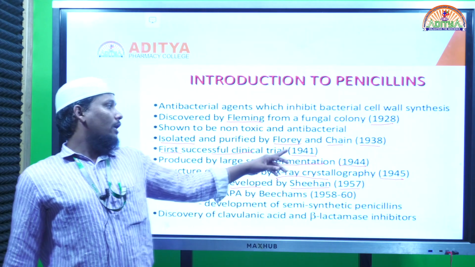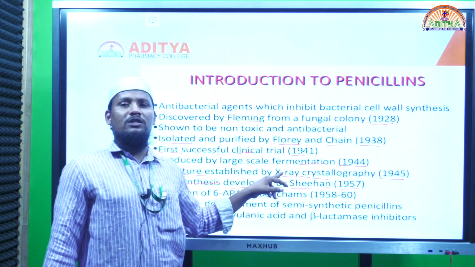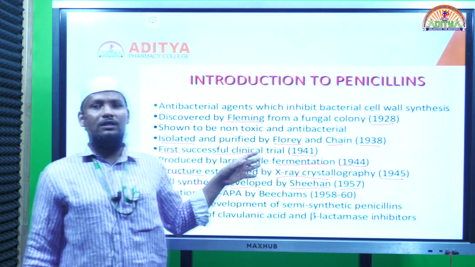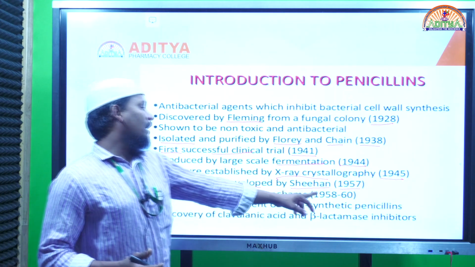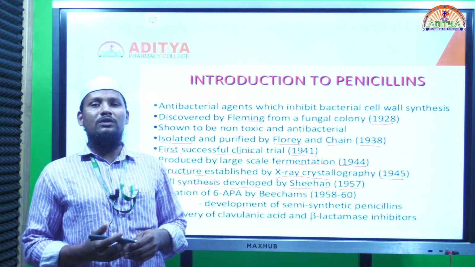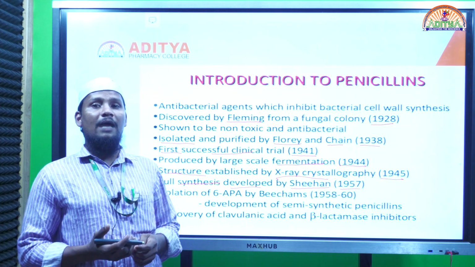In 1944, with the help of a fermentation process, they produced bulk quantities of the antibiotic, but a synthetic method was not yet developed. During 1957, a synthetic method was developed to produce larger quantities with laboratory methods.